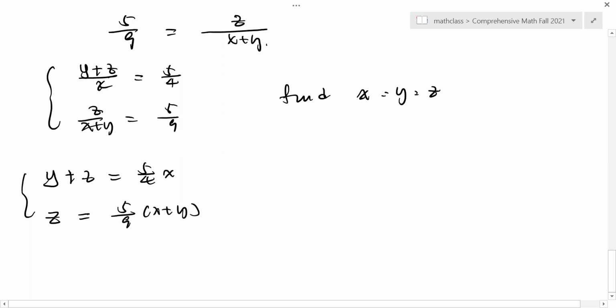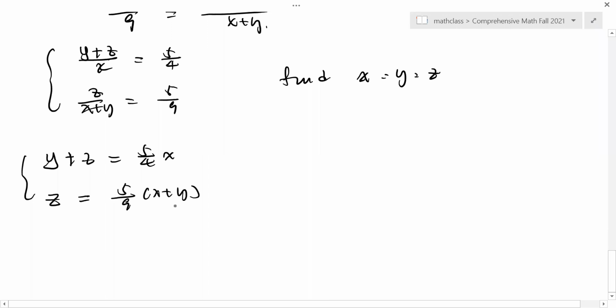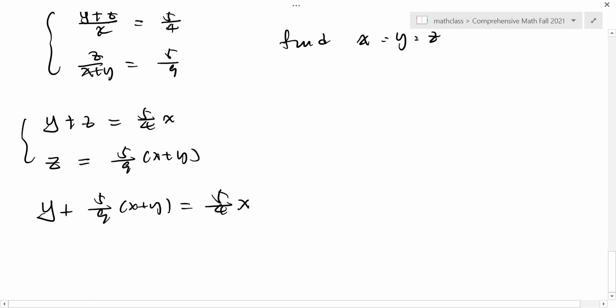So z is going to be 5 over 9 times x plus y. I plug this into the first equation, and then you get the relationship between x and y.